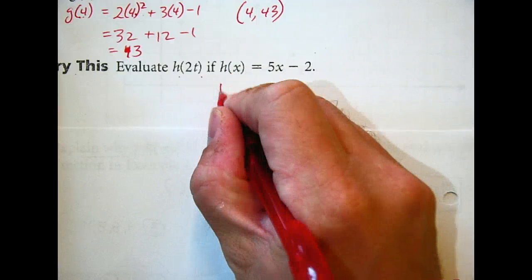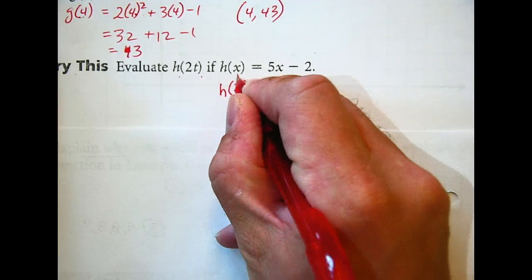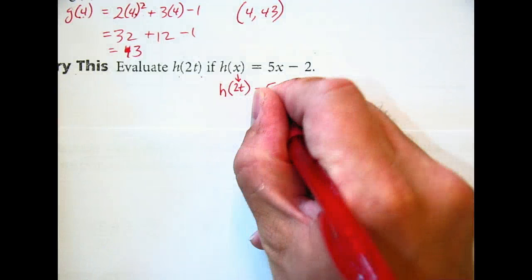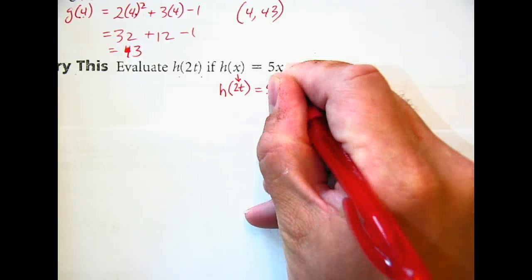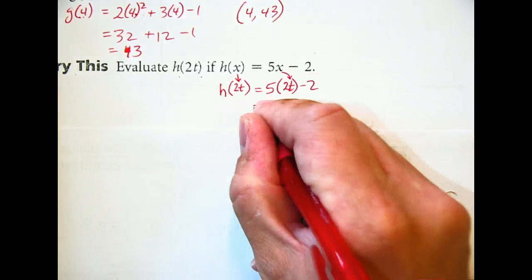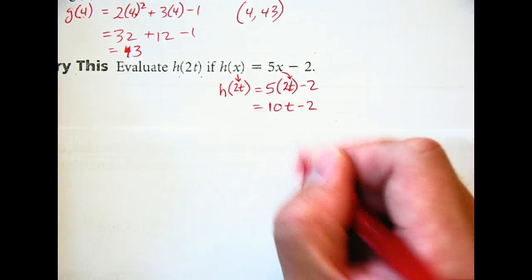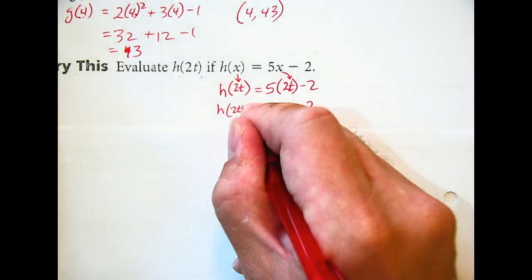So h of 2t if h of x equals 5x minus 2. So once again, x is being replaced. This time it's being replaced with 2t. So that means in your equation, every x you see becomes a 2t. That x became a 2t, and that's the only x. So we actually have 5 times 2t, or 10t minus 2. So h of 2t equals 10t minus 2.